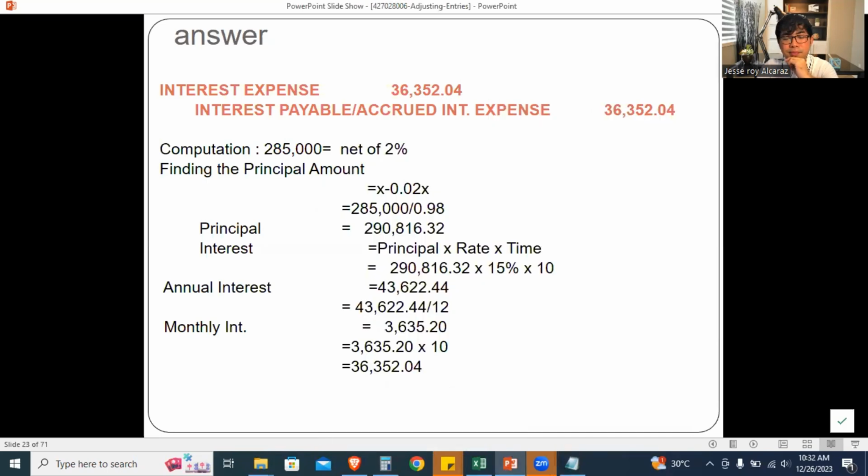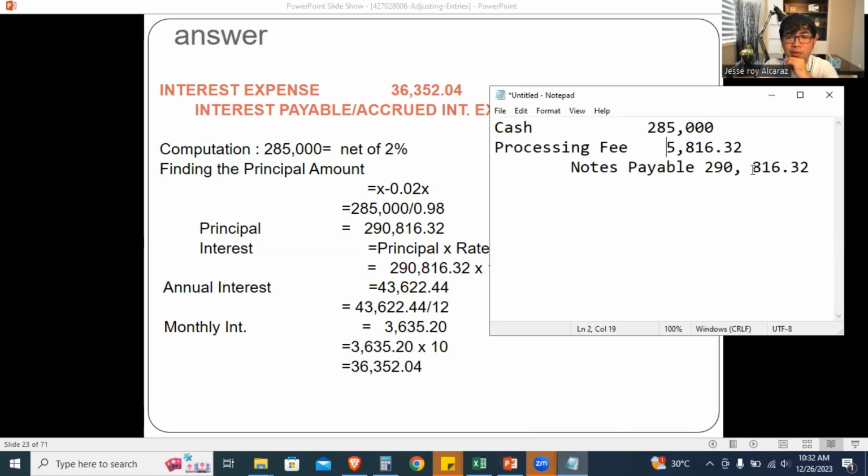And then, ang atong interest, katong 15% interest, will be based on this amount, the 290,816.32, dili ang 285,000 because this is just the net. The amount nga atong gihulam sa bangko is this one.